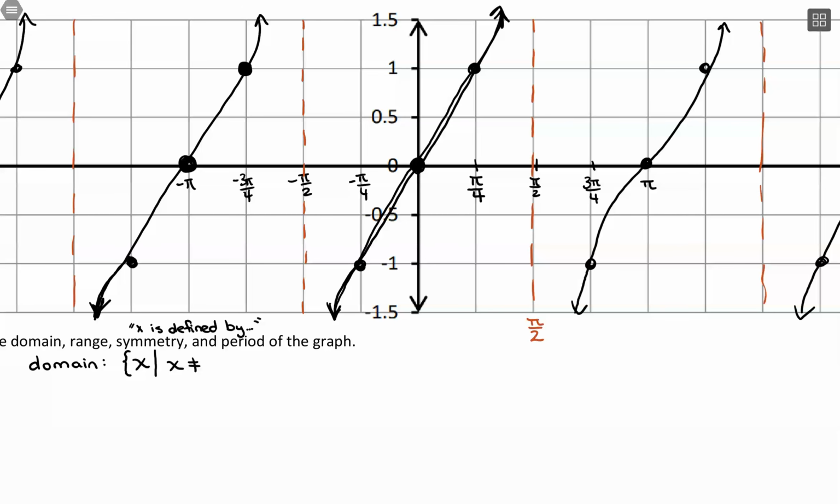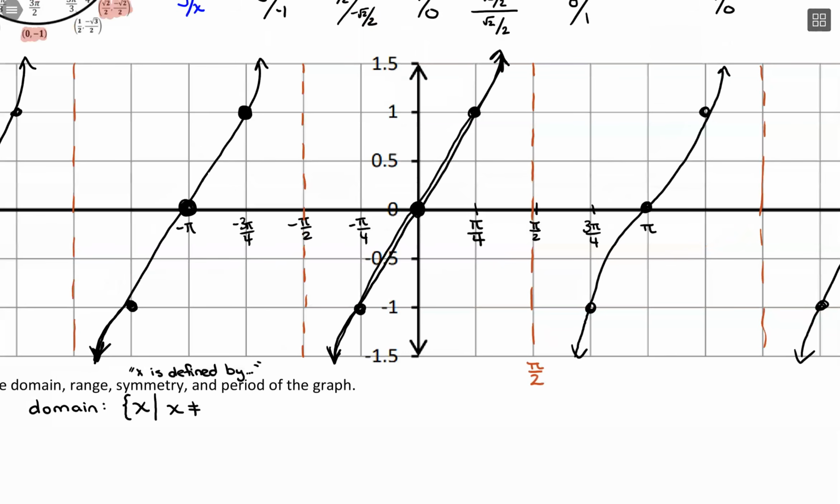Then I want to think about what interval I would need to add or subtract from π/2 in order to get to that next location. It can help to see that the distance from π/2 to 3π/2 is a distance of π. If that's hard to visualize, you could think of it as these 4 squares that we set up. If you look from 0, if you go 4 squares, that will land you at π.